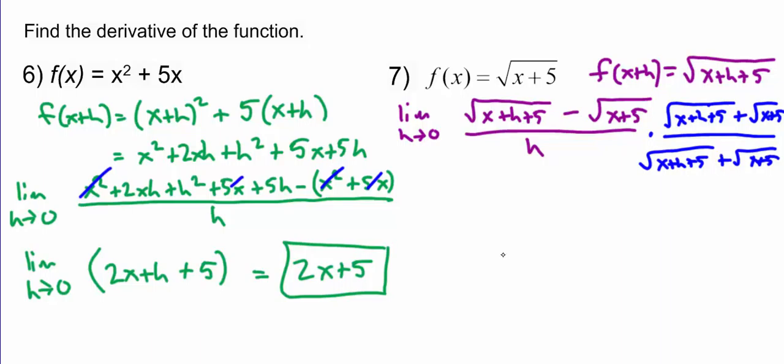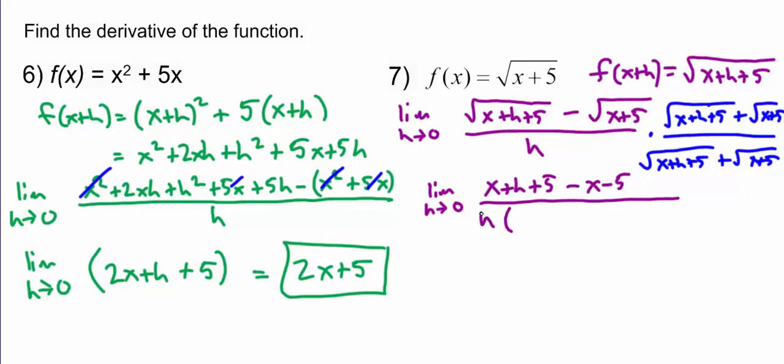All right. So when we do the multiplication here, the reason we like those conjugates is they allow us to get rid of some radical symbols or some square root signs in that numerator. So we'll have x plus h plus 5 and then minus x and minus 5 because they're both subtracted.